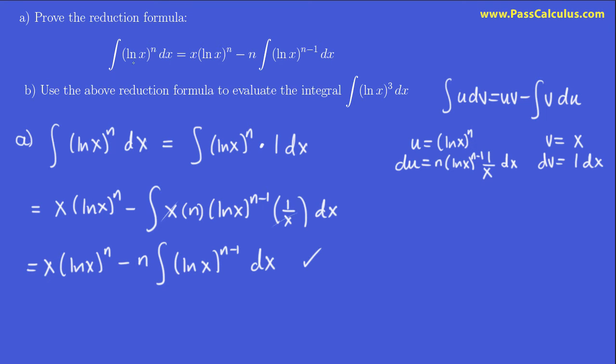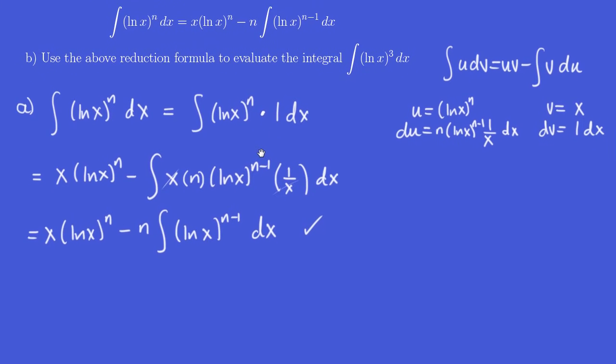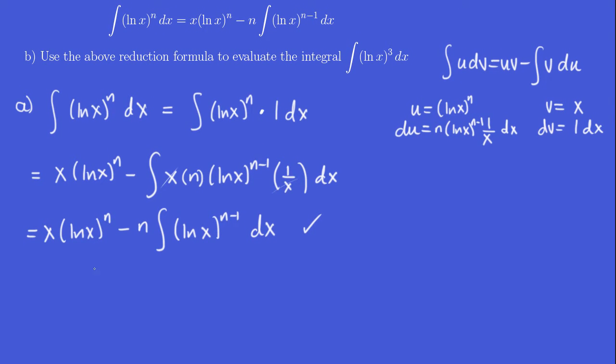So how do we apply the answer for part A? How do we apply this reduction formula to actually evaluate the integral of the cube of ln x? So let's see how that goes. Let me copy down the question.